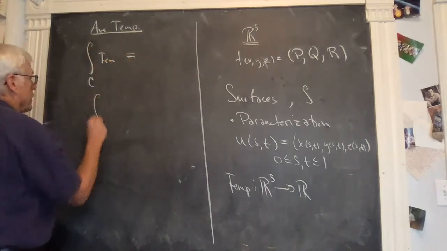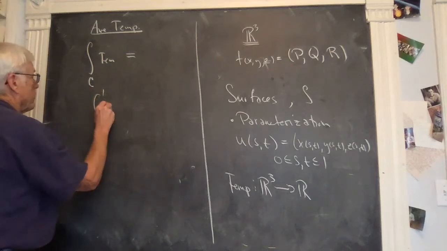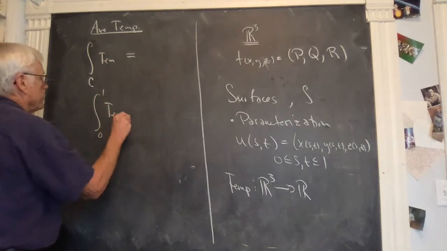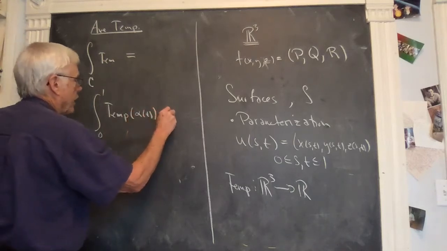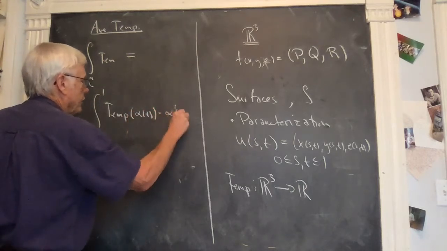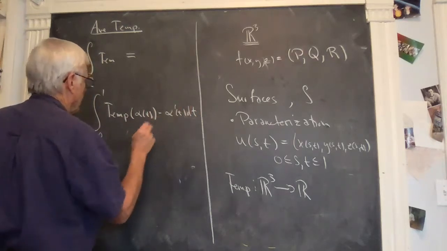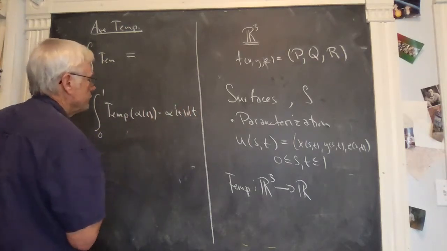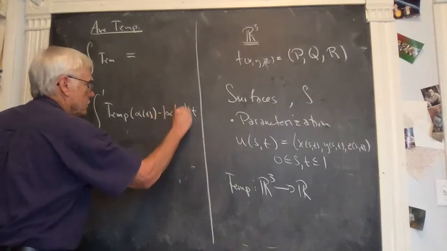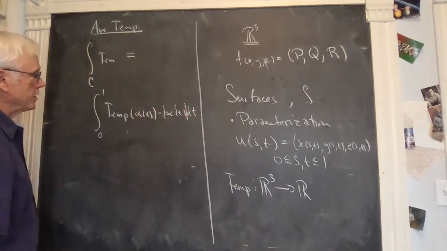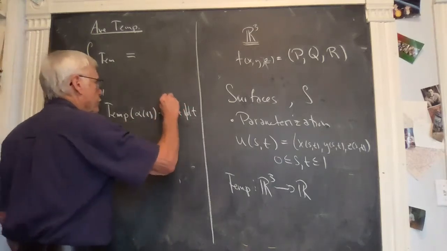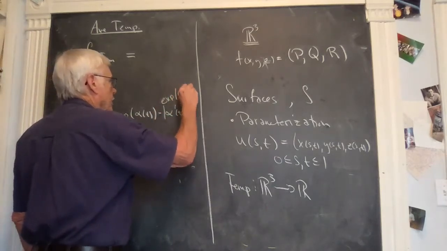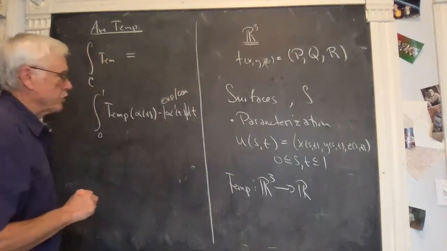This is equal to the integral from 0 to 1 of temp of alpha of t times the absolute value of alpha prime of t dt. And the absolute values go here, meaning that this is the expansion contraction factor. In this case, it's the speed.